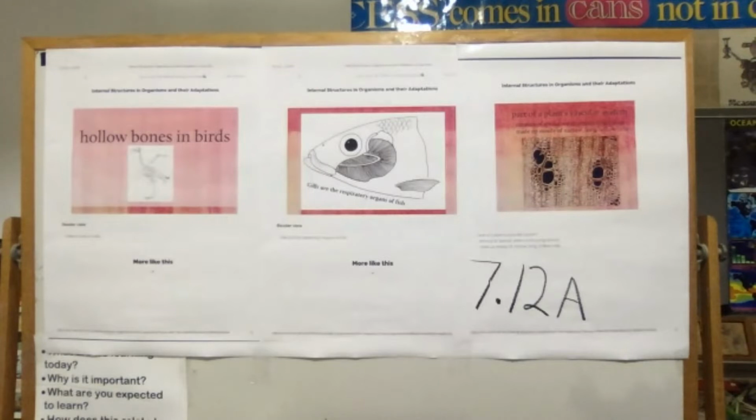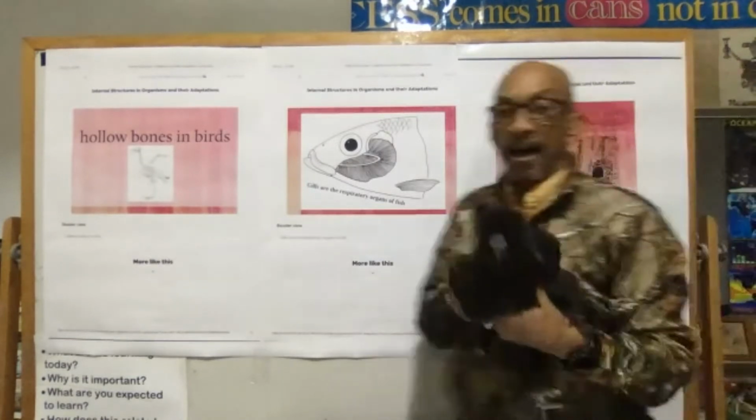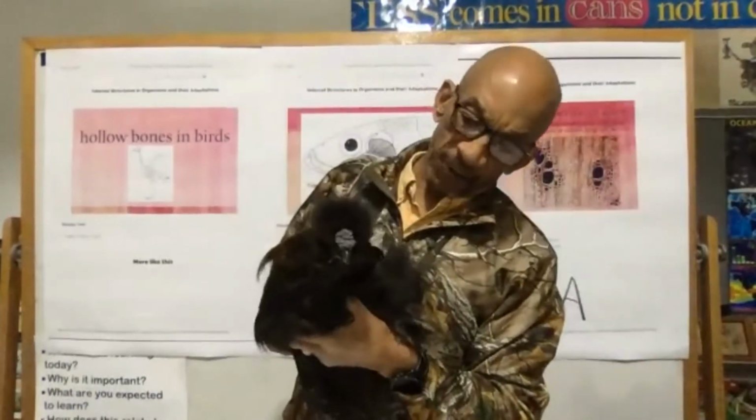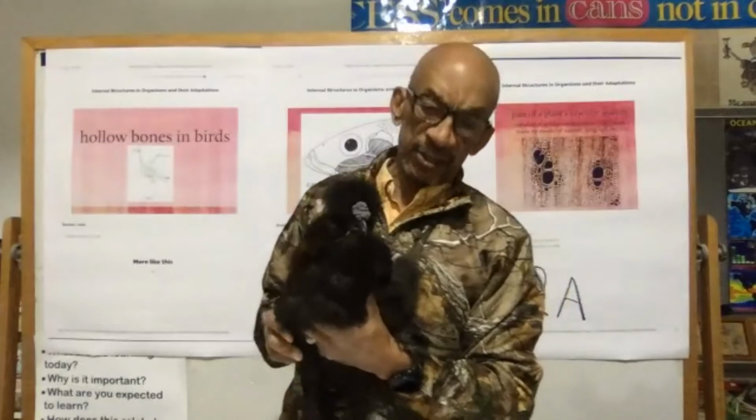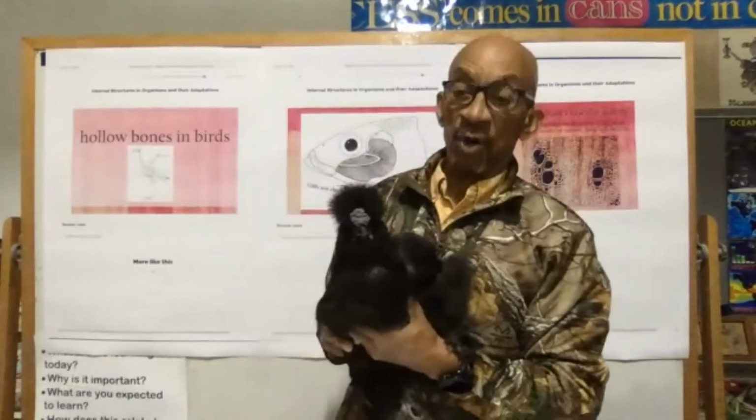I'm on my way back with Smoke. Guys, this is Smoke, and he is considered to be a bird, although he's a chicken. He's a part of the bird family. And as I got him out of his habitat a minute ago, man, was his wings flopping. It was almost like he was getting ready to take off.